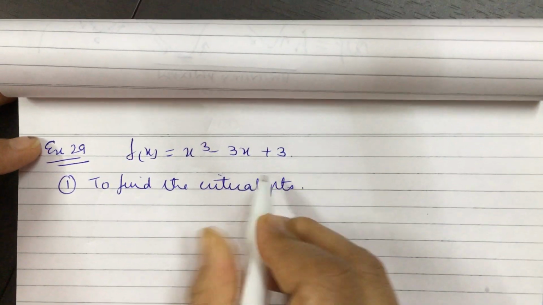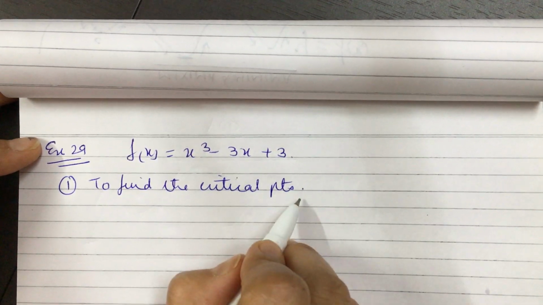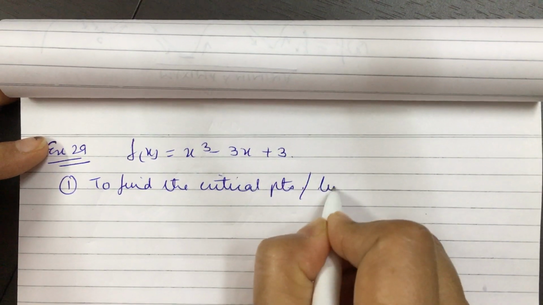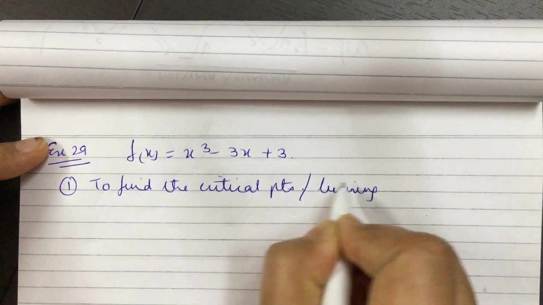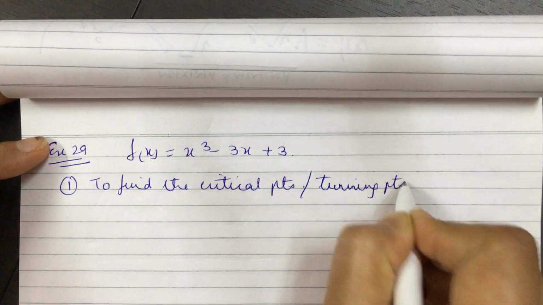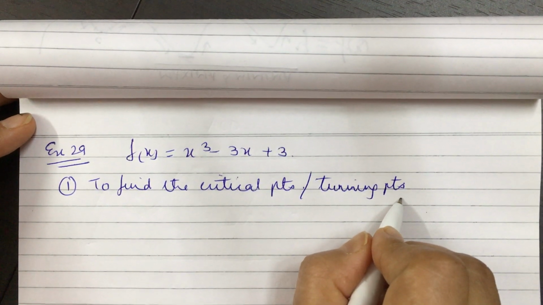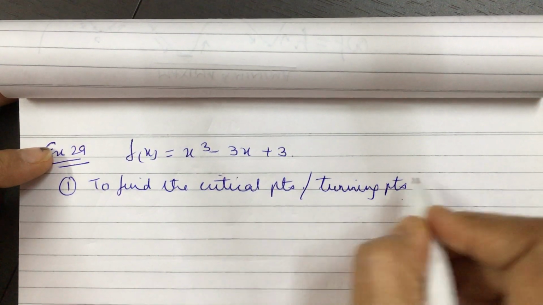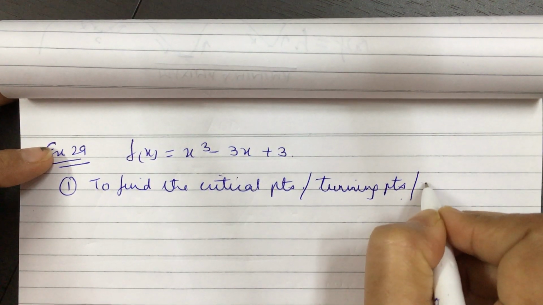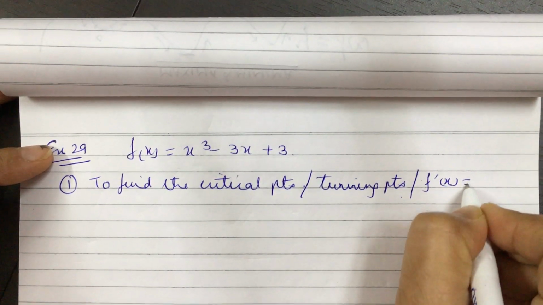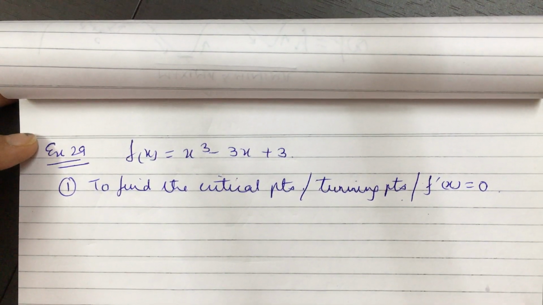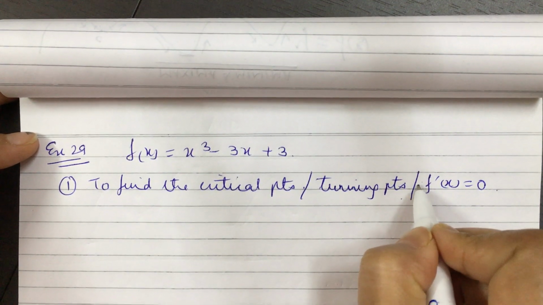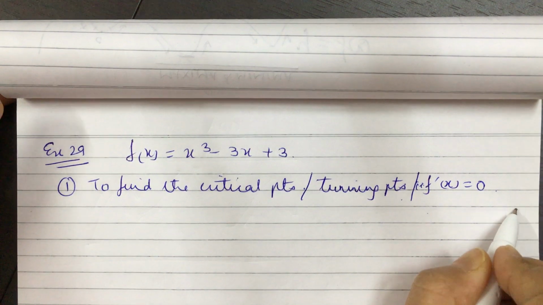Now, what are critical points? Critical points are the turning points. And what is the meaning of turning points? Where it changes the direction. And when will it change the direction? That is when f dash x is equal to 0.